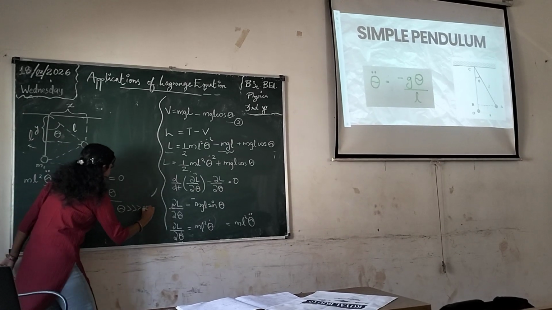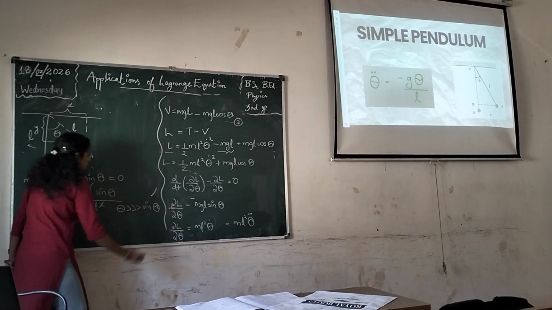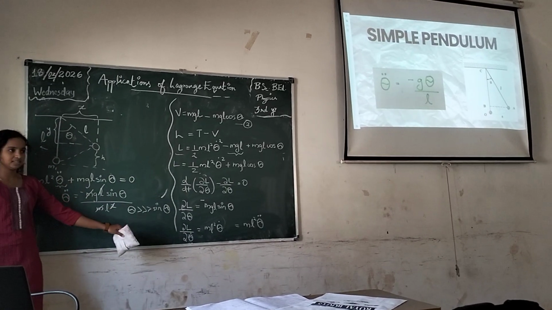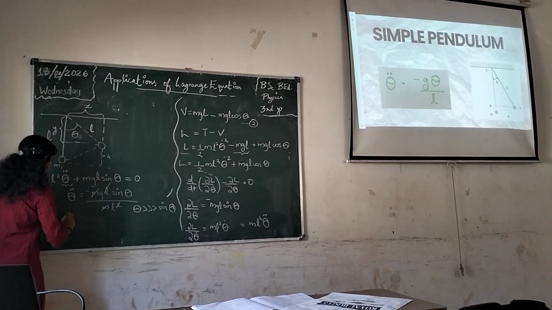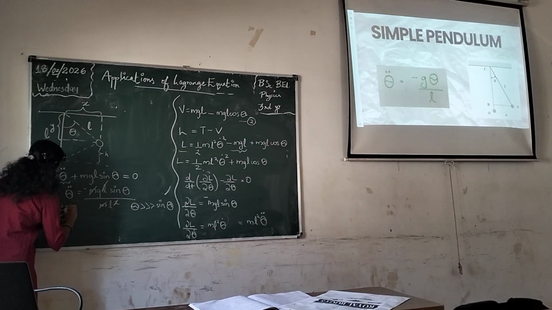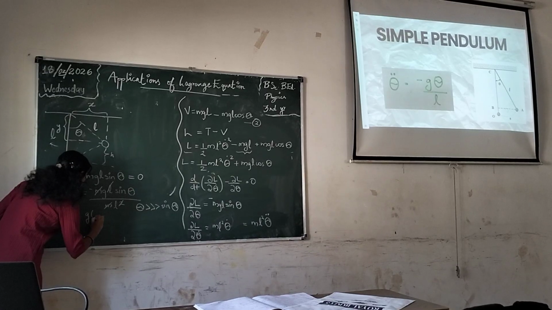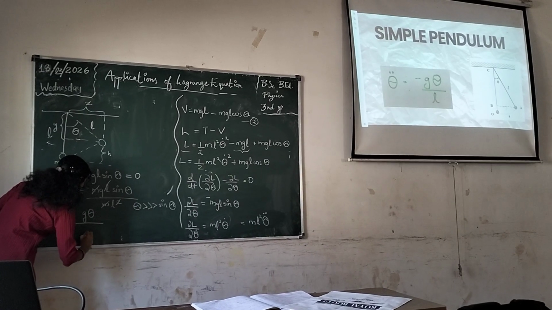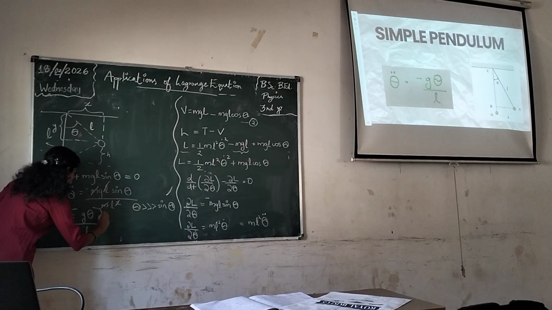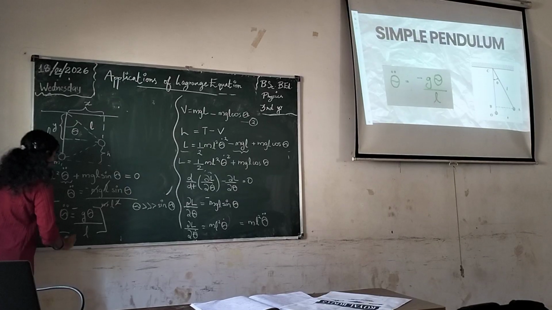So we can write this sin theta as theta only. Then theta double dot will be equal to minus g theta by L. So this is the equation of motion for our simple pendulum.